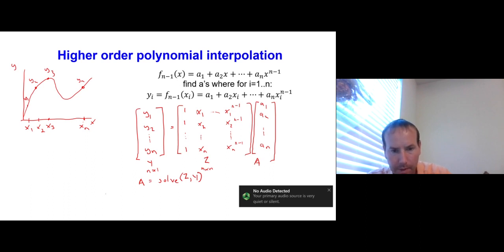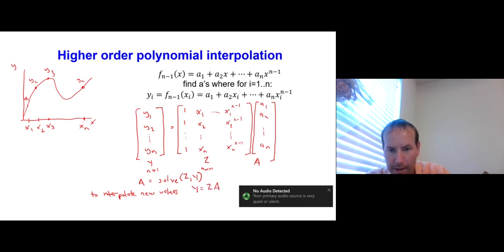And then to interpolate new values, because that would have given us the A values, it's just y equals zA.